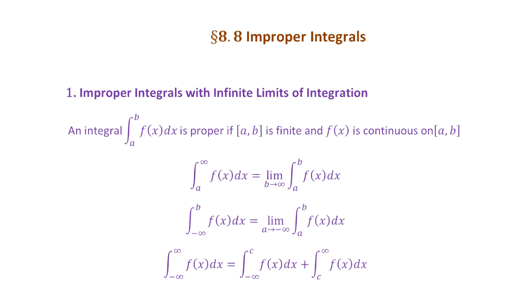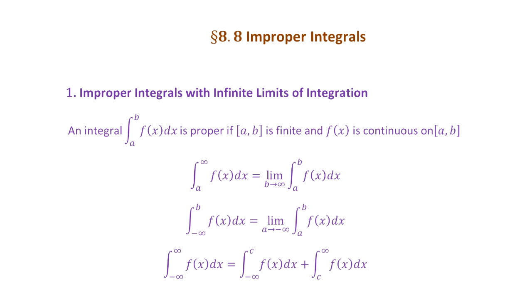You want to find the area of a tail. So for example, if you integrate function f from a to infinity, what does it mean? It means you want to find the area under the curve to the right of a. So there's a long tail on the right, and you want to find the area of this tail.